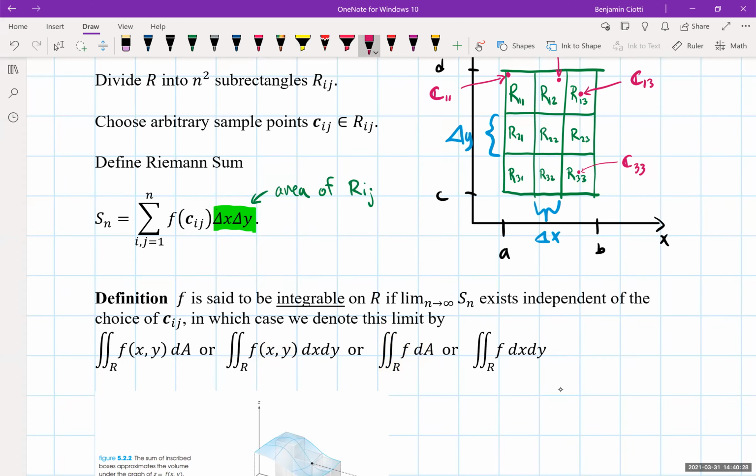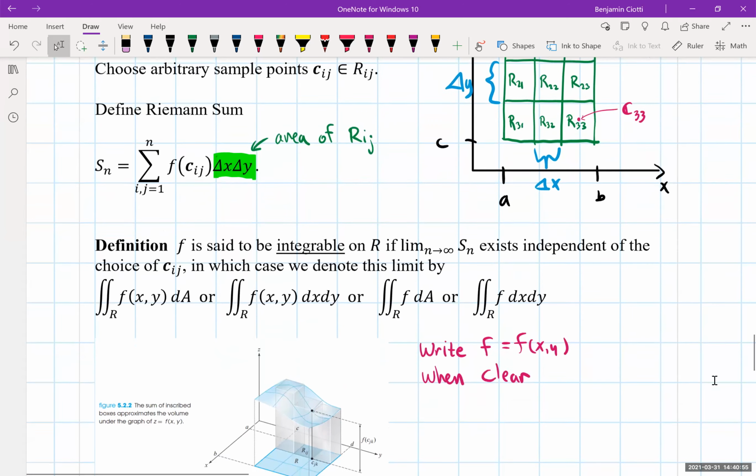Sometimes when it's convenient, we write f instead of f of x and y, when the context is clear. That's why you might also see the integral written like this or like this. Whew, okay. There's your definition of integrable.